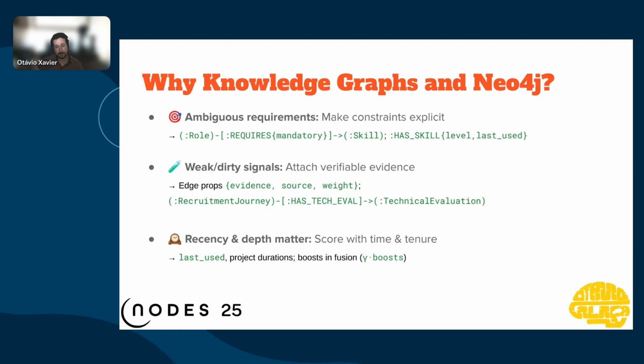About the recency, one thing we can do is to use a boost function to score higher the things the person worked with or is experienced in more recently, more than the ones they worked with in the past.